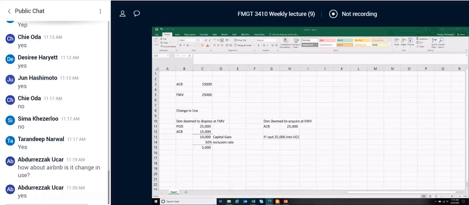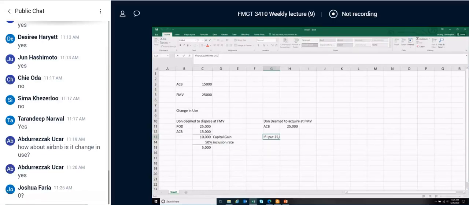Again, this is very similar to replacement property. What is the value? How much CCA do I get? Well, I'll get 25,000, right? Not zero, 25,000.